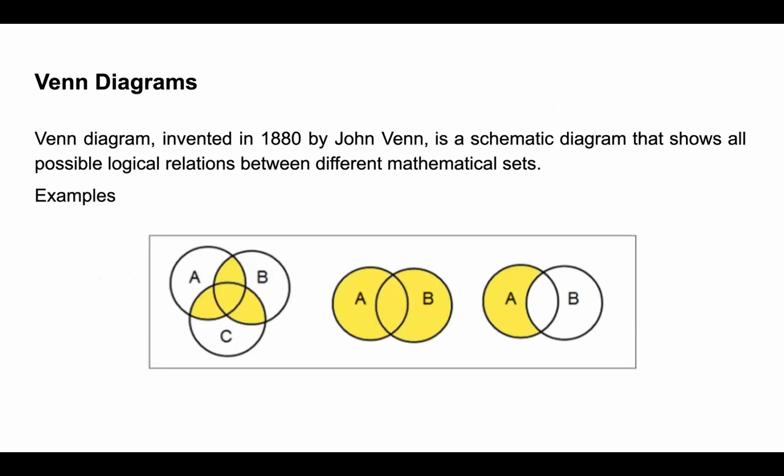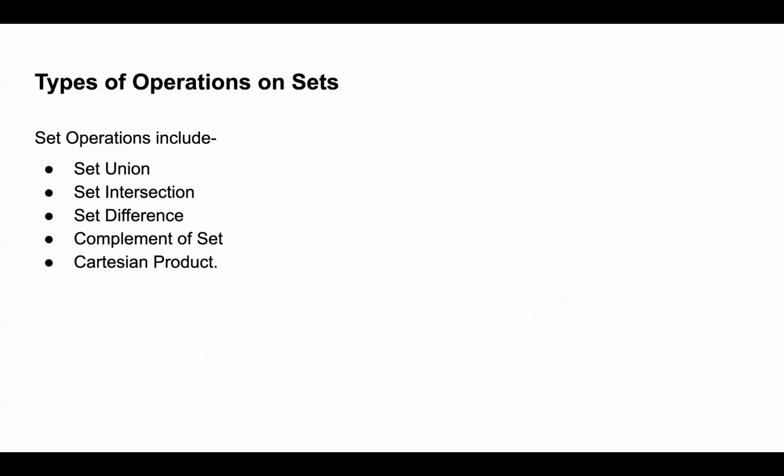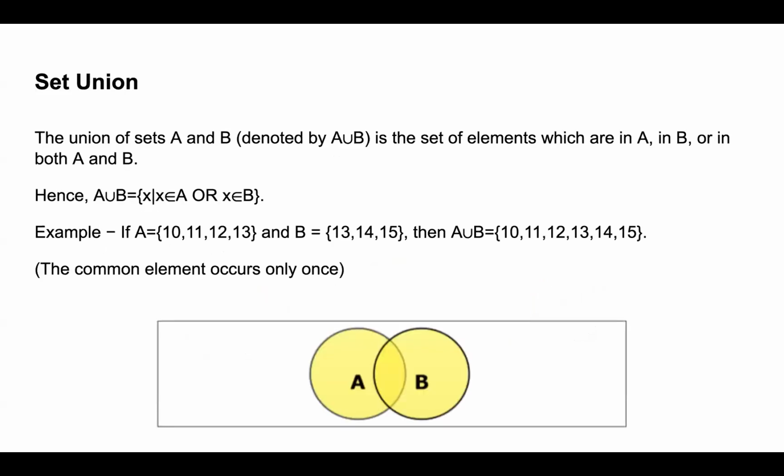Then we see in the Venn diagrams. In the Venn diagrams, here we denote the sets with circles, and the operations performed on the sets are given like this. Okay. Then types of operations we seen set union. In set union, what it is?